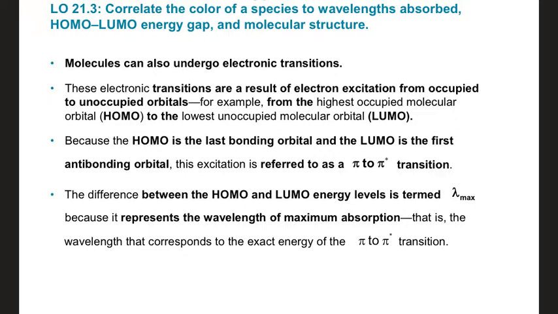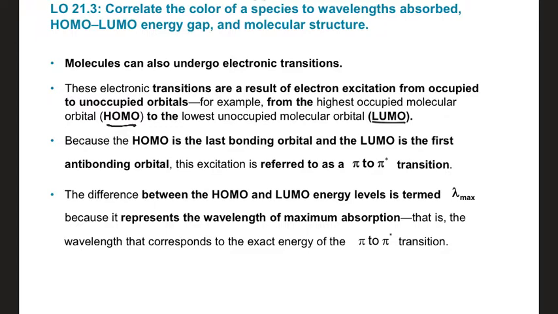Molecules can also undergo electronic transitions. These electronic transitions are a result of electron excitation from occupied to unoccupied orbitals. For example, from the HOMO to the LUMO, the highest occupied molecular orbital to the lowest unoccupied molecular orbital, as I've discussed many, many times so far. Because the HOMO is the last bonding orbital and the LUMO is the first antibonding orbital, this excitation is referred to as a pi to pi star transition.